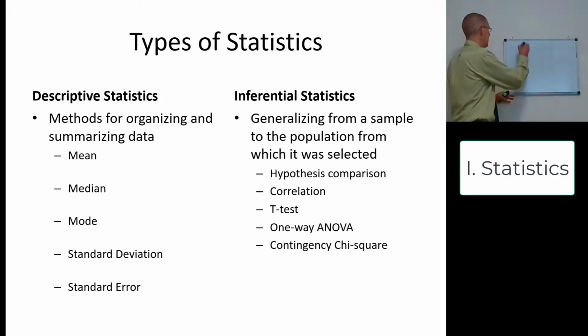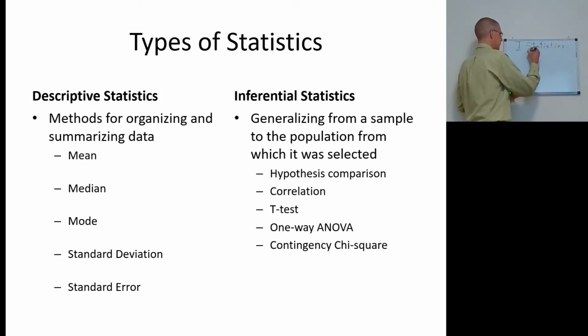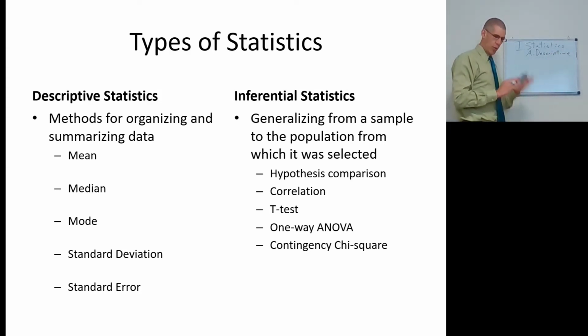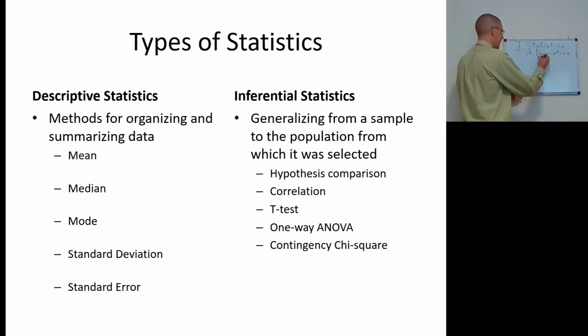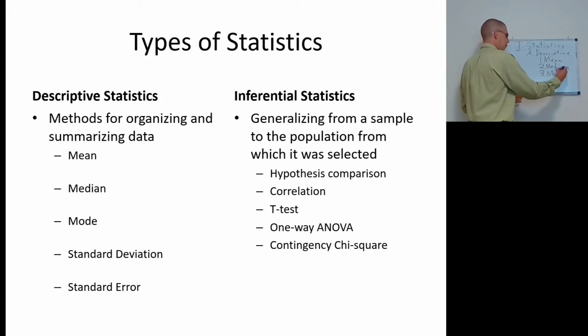Let's talk about the different types of statistics. First up would be descriptive. Descriptive statistics are how we're going to organize or summarize the data. So the mean, the median, the mode, and such other.